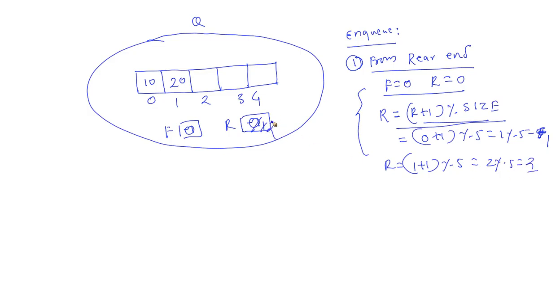Of course, I'm assuming that I have checked whether the queue is full or not using the same queue full condition. So R is equal to 2 now. We go to location number 2 and insert 30 there. So we perform this NQ operation like a normal circular queue. Now we'll perform the DQ operation.